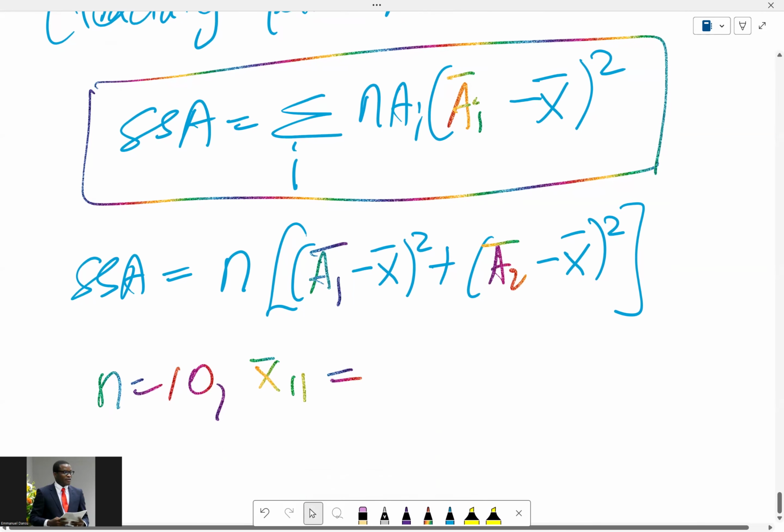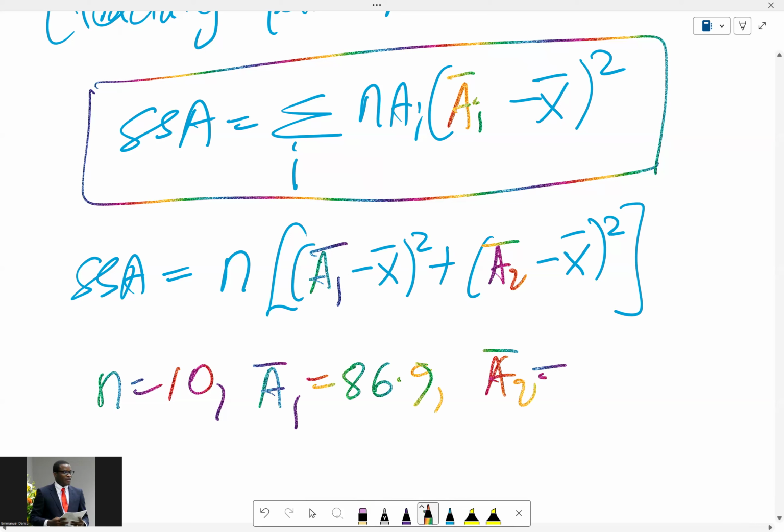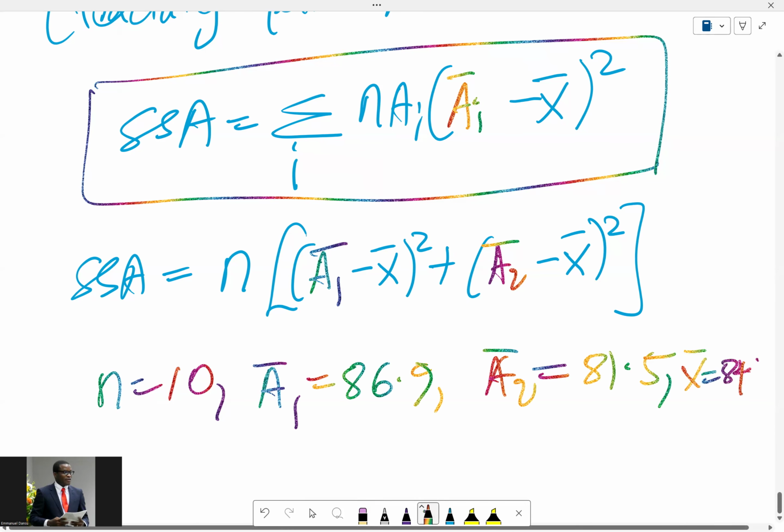A1 bar is equal to 86.9, and A2 bar, that's for factor A, is 81.5. That's all we need. Then X bar itself is the overall mean, which is 84.2.